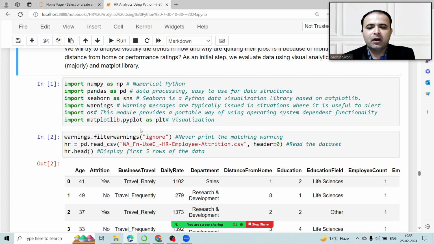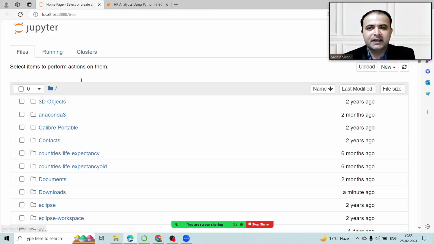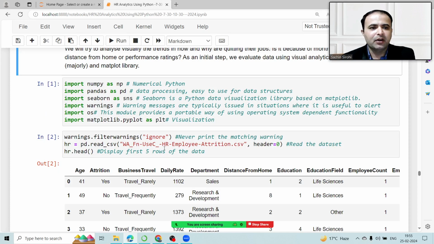And with pd.read_csv, I have loaded the dataset here, in a Jupyter notebook or Anaconda, from which you can easily fetch the data.